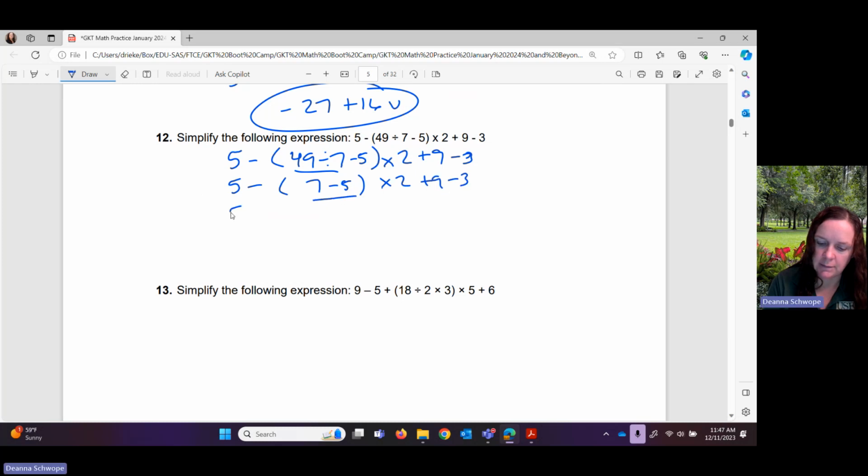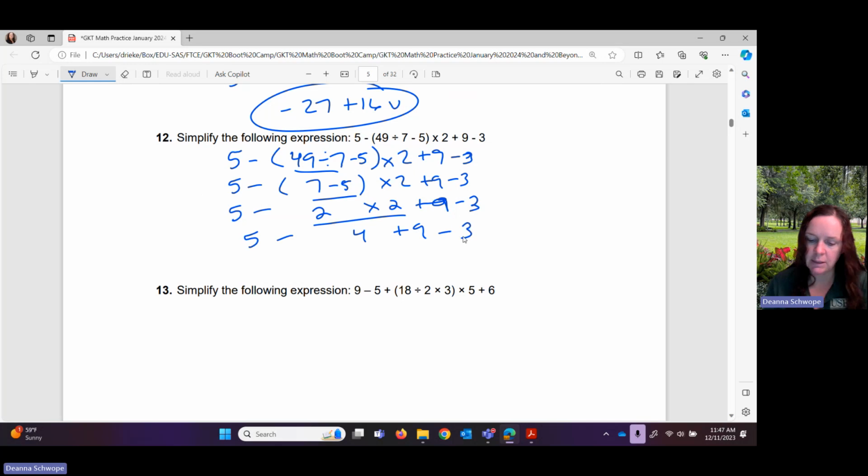Then we're going to subtract. 7 minus 5 is 2. Then we're going to multiply. 5 minus 2 times 2 is 4, plus 9 minus 3. And then I can just go left to right. I can say 5 minus 4 plus 9 minus 3 equals 7.